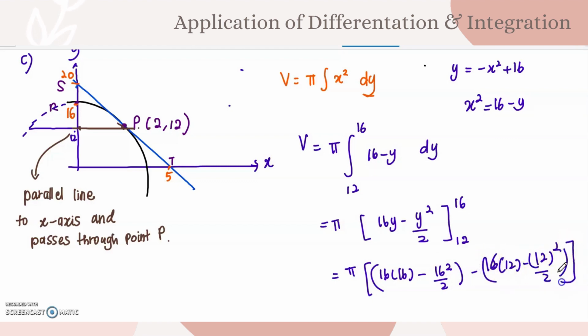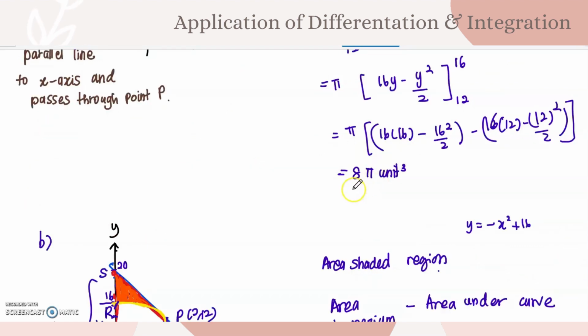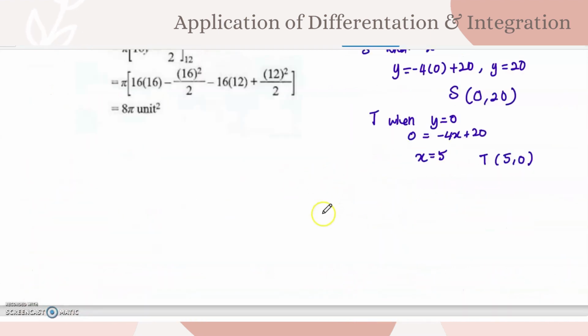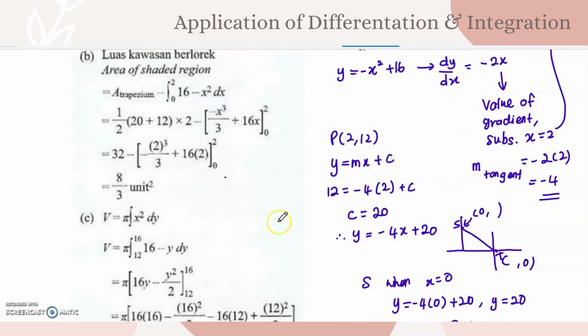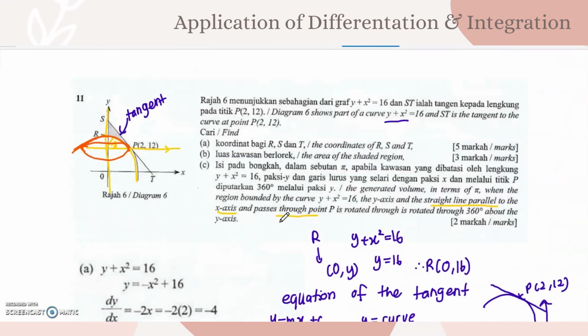So the answer is 8 pi units cubed, because we refer to the volume. So that's all about the question for application of differentiation and integration. Okay, thank you.